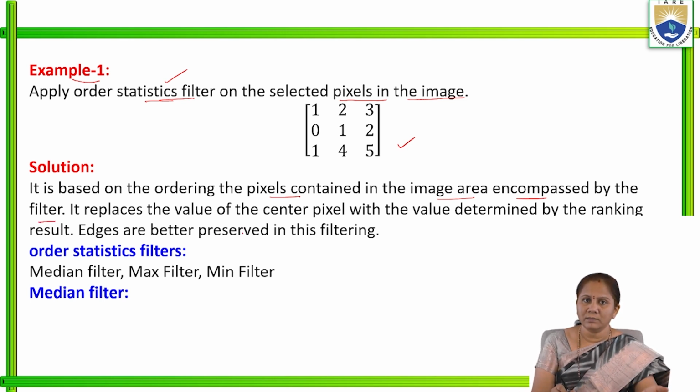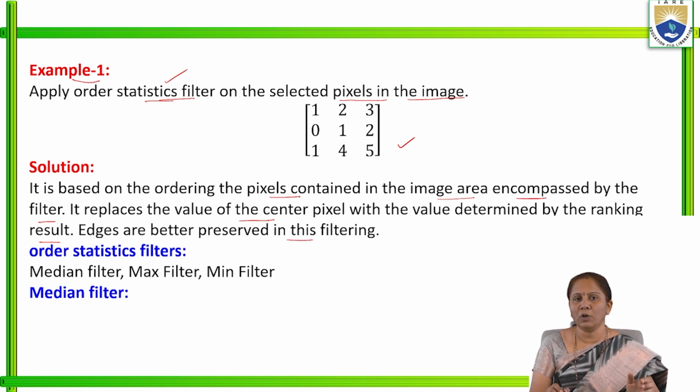After applying the filter, the center pixel value will be replaced with another pixel based on the ranking result. Only the center pixel value will be replaced. What about the edges of the image? All the edges of the image will be preserved. That means the edges will not be changed; they will be as they are.